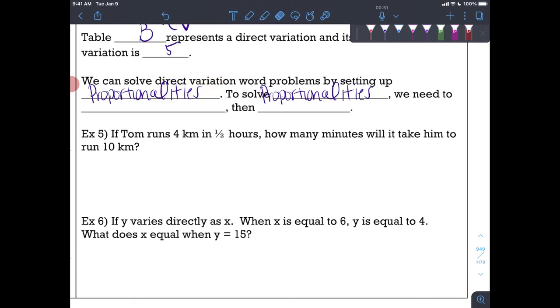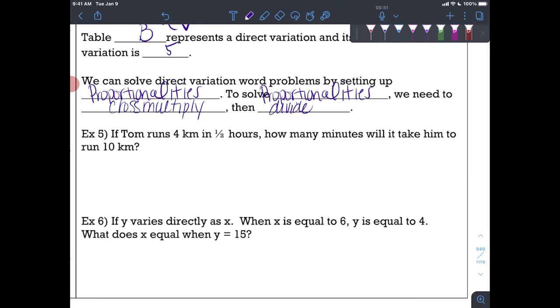To solve proportionalities, we need to cross multiply, then divide. All right. So, now, how do you figure out which one is which? Always put the ones that have the same units as the same x or y, okay?